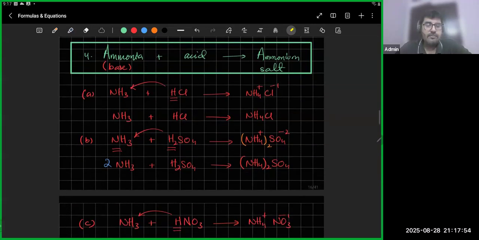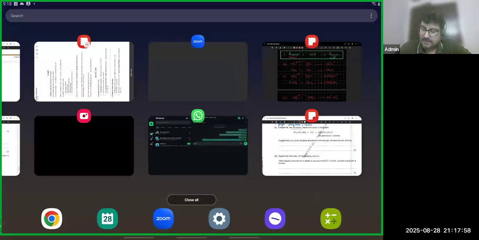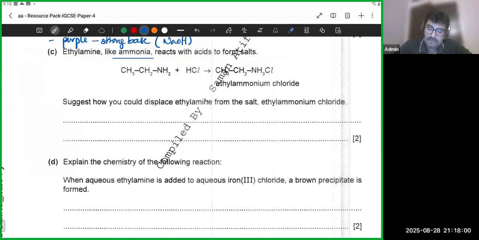So now going back to the question. The question is, he says ethylamine like ammonia, right? It's doing exactly the same thing. Okay, this is your ethylamine. Ammonia did exactly the same thing. If I had ammonia reacting with HCl, what would happen?